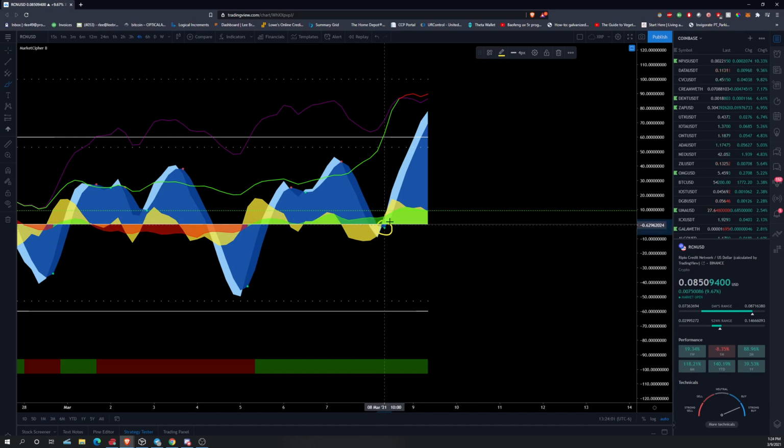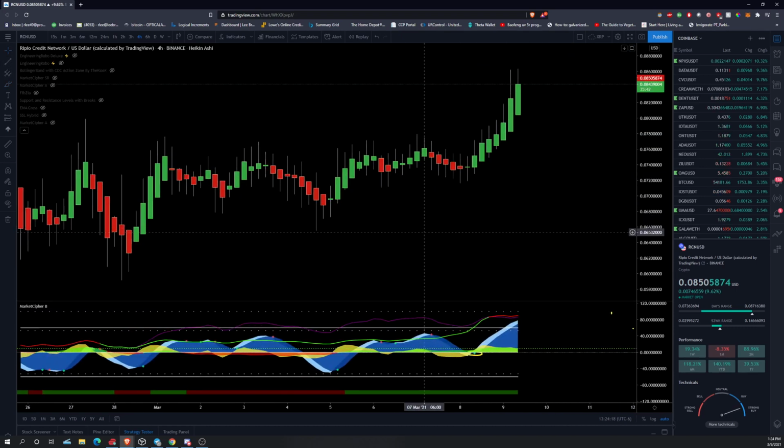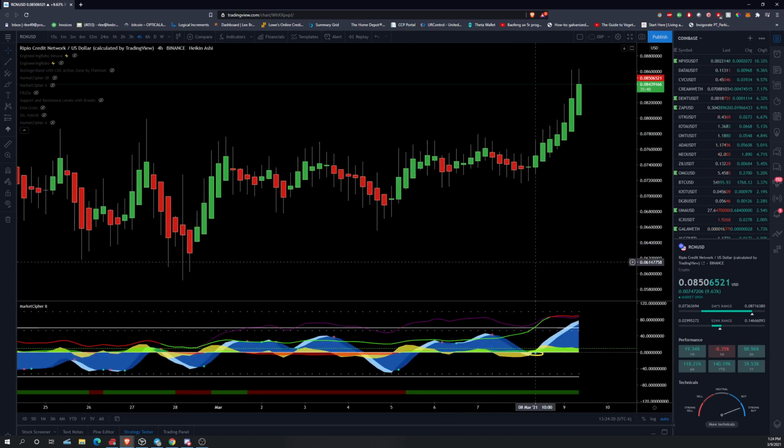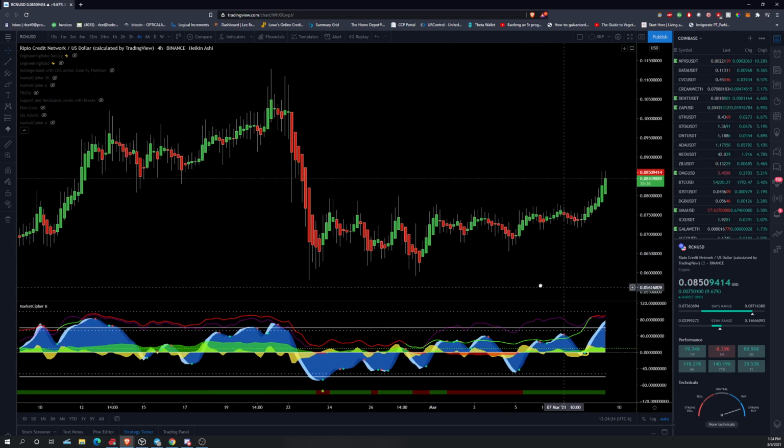These are a lot harder to see once it gets near the zero line because you get different colors mixing in with it. And I'll bring that other back. Yeah, that's a great entry right there if you would have got that.